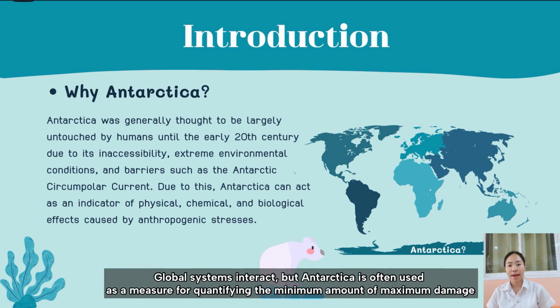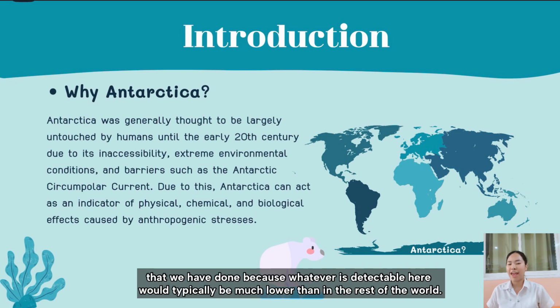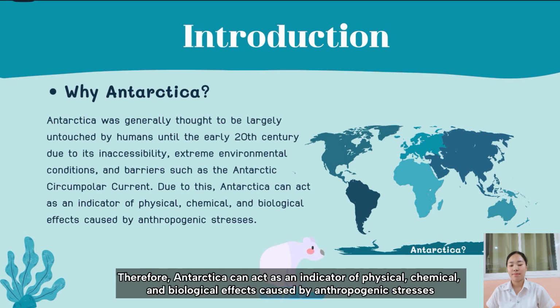Global systems interact, but Antarctica is often used as a measure for quantifying the minimum amount of maximum damage that we have done, because whatever is detectable here would typically be much lower than in the rest of the world. Therefore, Antarctica can act as an indicator of physical, chemical, and biological effects caused by anthropogenic stresses.